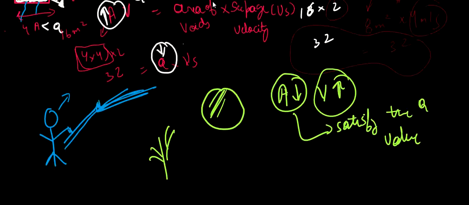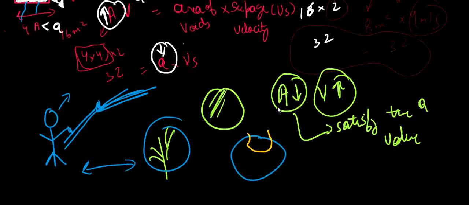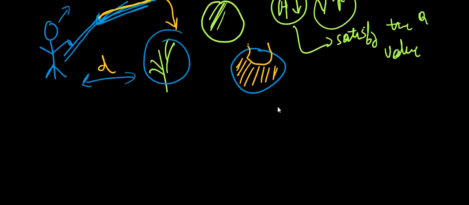Suppose the plant is far away from our reach, so we put a thumb over here, and this decreases the cross-sectional area, and therefore the velocity available at this point will increase, and eventually our plant will get watered over this distance d. Okay, so I hope this is clear.